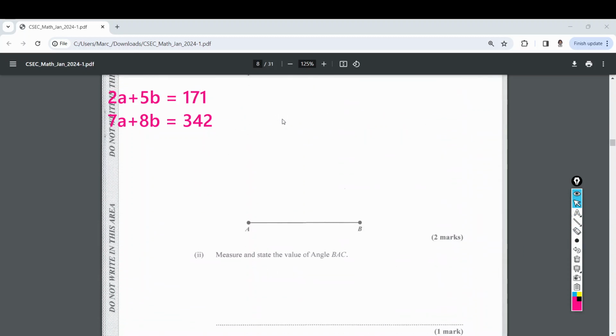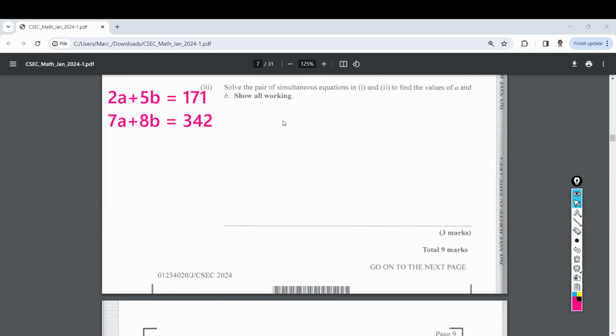So, okay, we're gonna use the process of elimination here, guys, for the simultaneous equations. And I'm using the a coefficient to multiply. So I'm gonna use the 7.